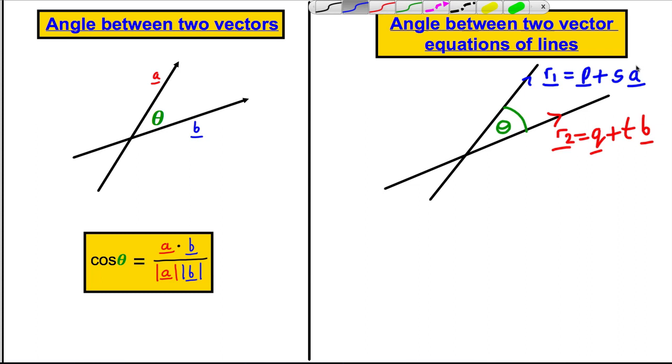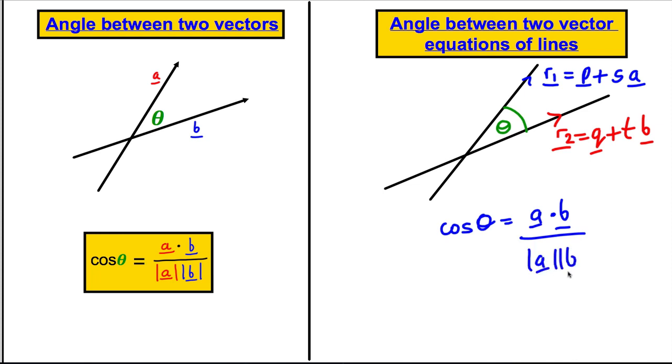So we would call A the direction part of line 1, we would call B the direction part of line 2, and again we would use the formula cos theta is A dot B over the modulus of A, the modulus of B. It might just be easier to keep our notation, so that's why I rewrote that there.